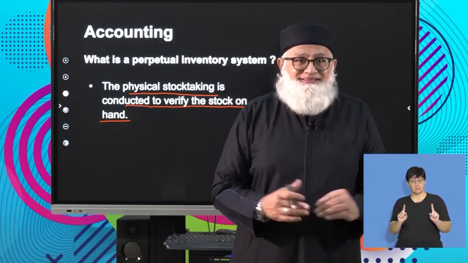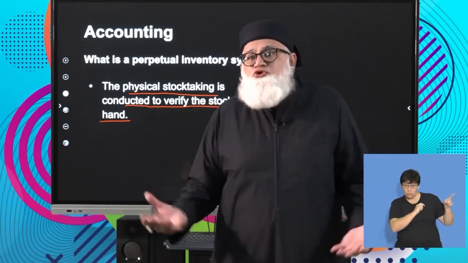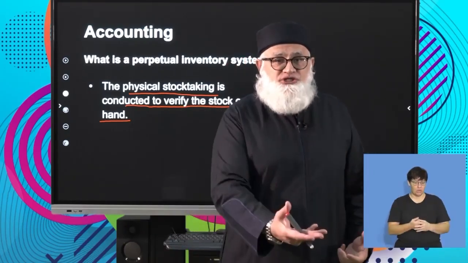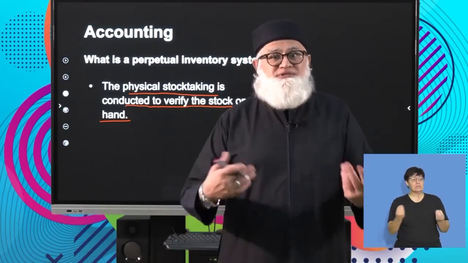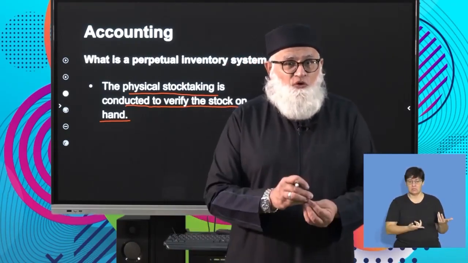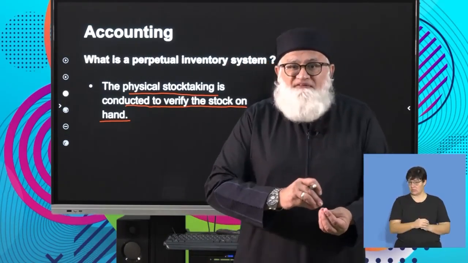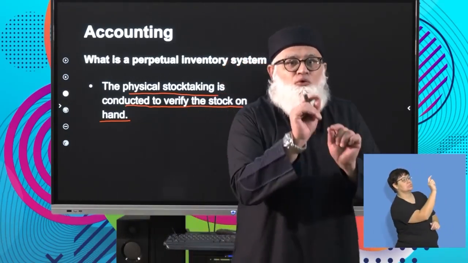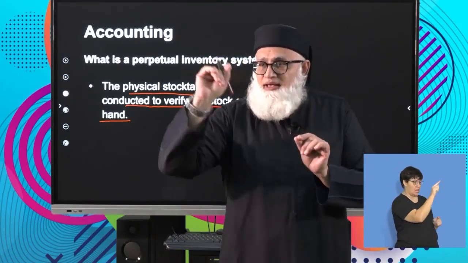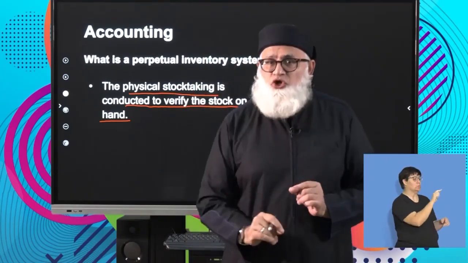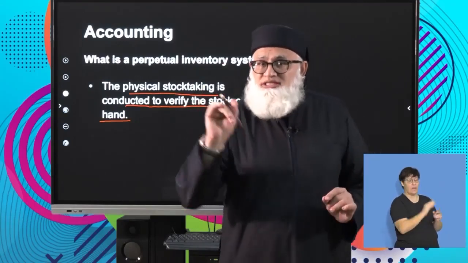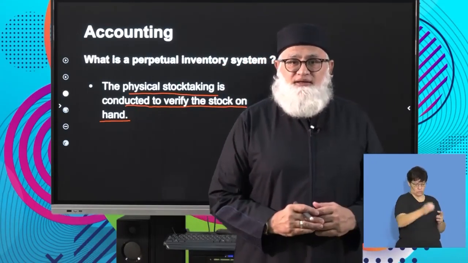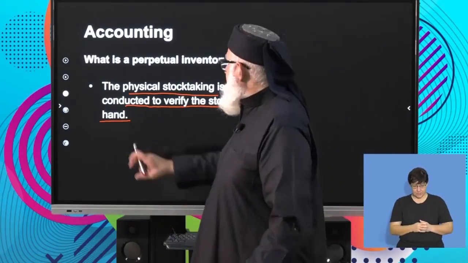However, anything could have happened during the year. There could have been pilferage. There could have been breakages. There could have been items becoming obsolete. So what we do is we do a physical inventory. That means we go in and we count item A, the quantity or number of units that we have on hand. Okay, so that is important.